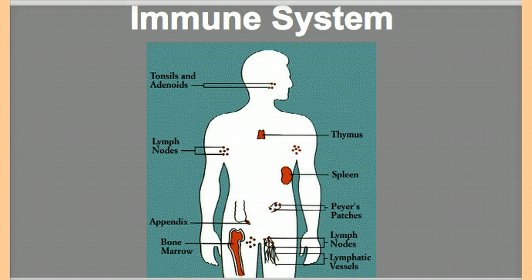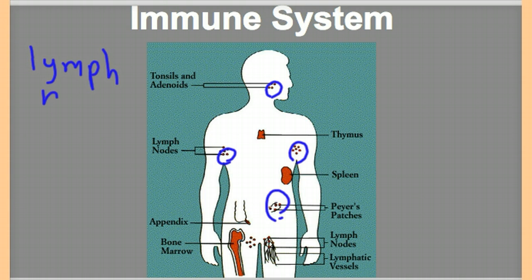So here is a diagram of the immune system, and what you can notice is that there are patches of things around the body, these little red dots, and these are called lymph nodes. And these sites, called lymph nodes, contain a lot of white blood cells.